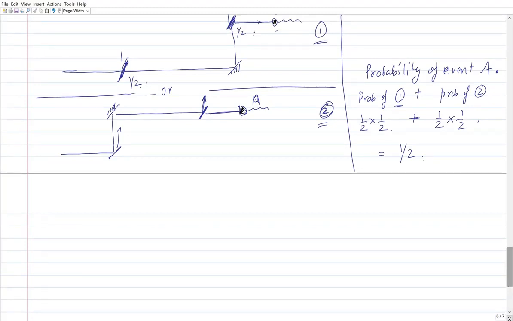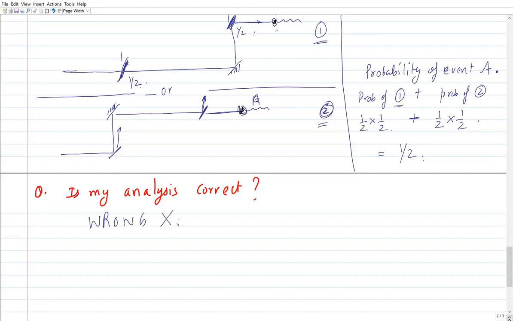So here the question is, is my analysis correct? Well, when we do the experiment, unambiguously it is wrong.